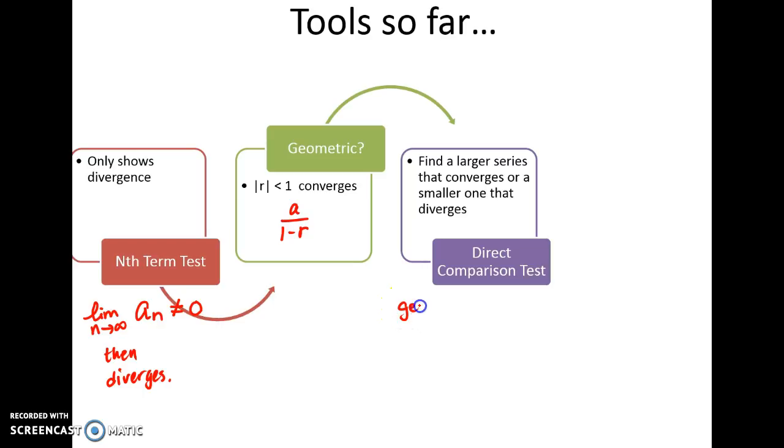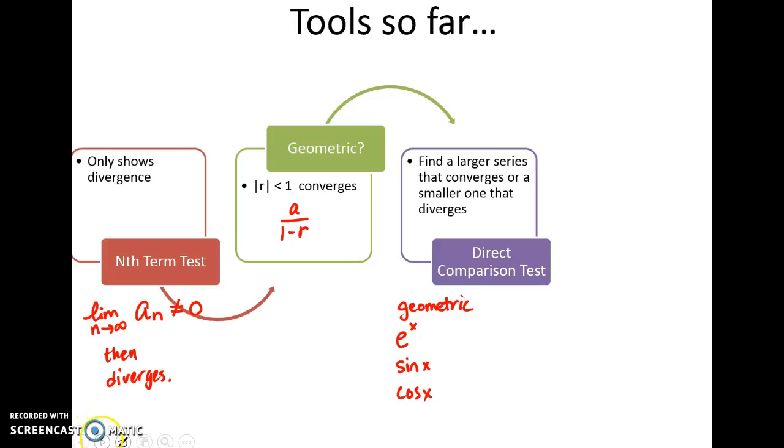You could use geometric series, or the basic Maclaurin series that you know, so e to the x, sine of x, and cosine of x. Other than that, we don't have many yet. We will get more as we learn more tools.